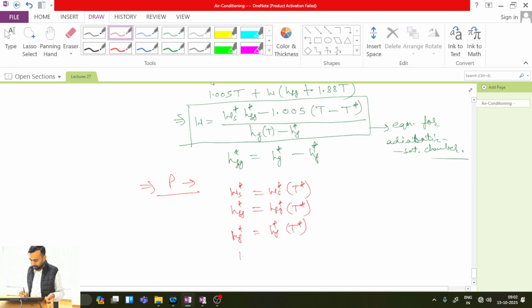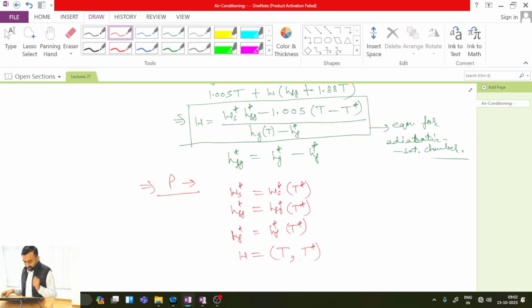What about W? W is not at a saturated state. W is in which state? Superheated state. So for a superheated state, how many properties are required in a moist mixture? Three properties. Pressure is there, the other will be temperature T, and the third can be temperature T star. For that there will also be some wet bulb temperature.